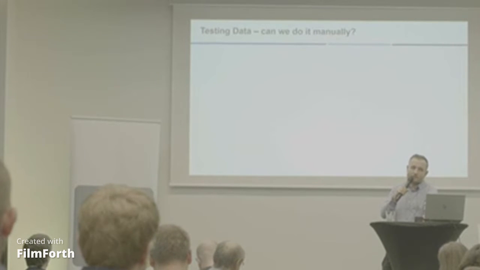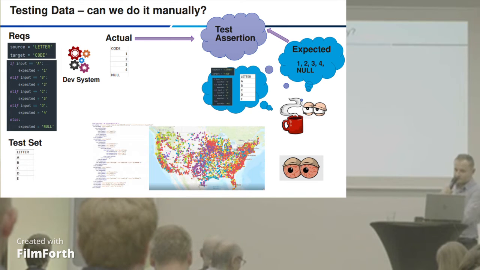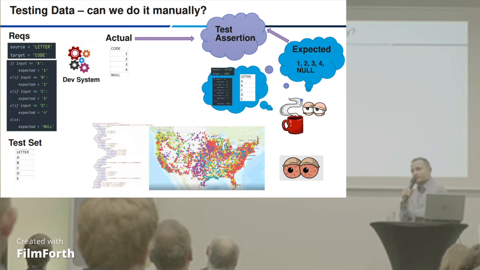So can we test data manually? Yes, we can. I will try based on a very simple example. We've got our requirements. Let's imagine that we've got a letter. It's a column name, and this is the source, and we've got the target code. And this is our requirement.